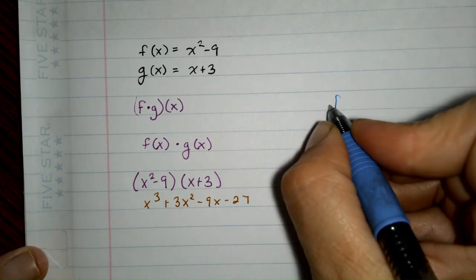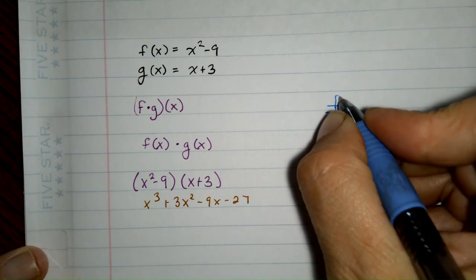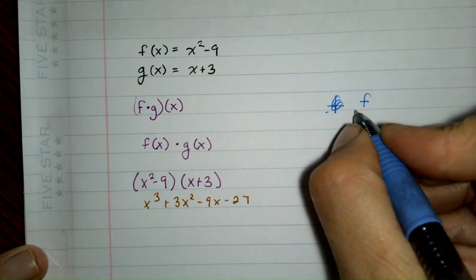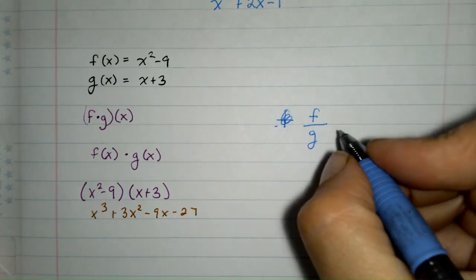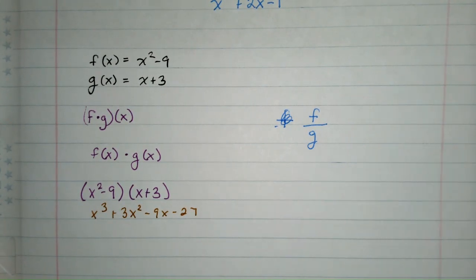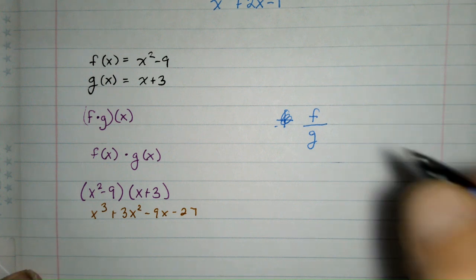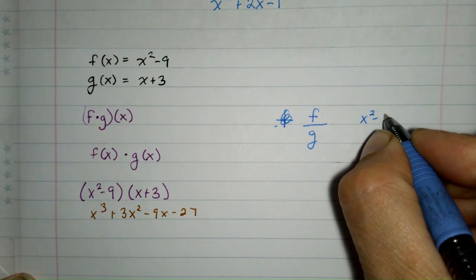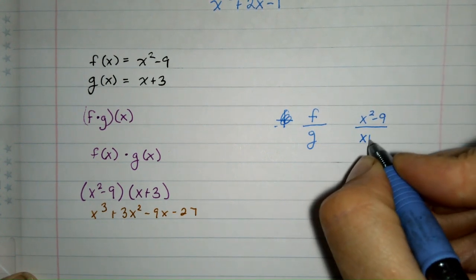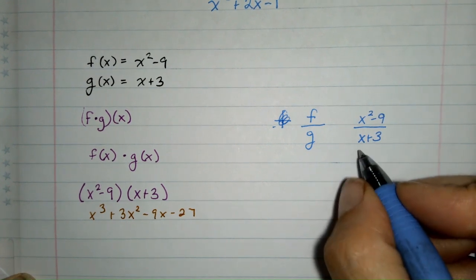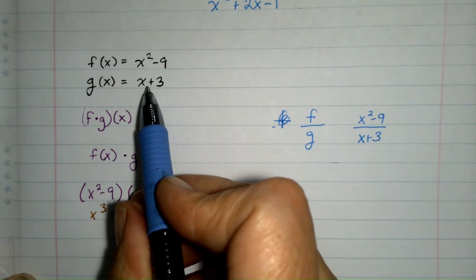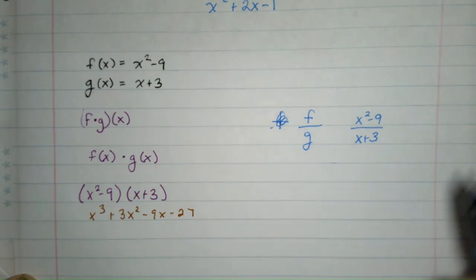So what about f divided by g? Well, the first thing is when we have f divided by g, we have to be careful because domain errors that did not occur in f and g are going to suddenly occur because we're going to be taking x squared minus 9 divided by x plus 3. So right there we have to note that even though negative 3 was okay originally in g, negative 3 is no longer okay.